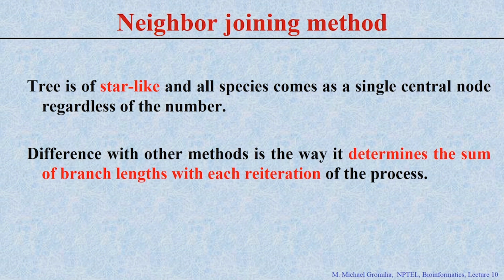There is another method called the neighbor joining method. In this case, instead of going one by one, they make a star-like tree. Each species is connected, and then they see how far they can connect with each other regardless of these numbers. The difference from other methods is that here you can see the sum of the branch lengths with each iteration, because we consider each one separately, and finally they try to see which one has the closest distance.